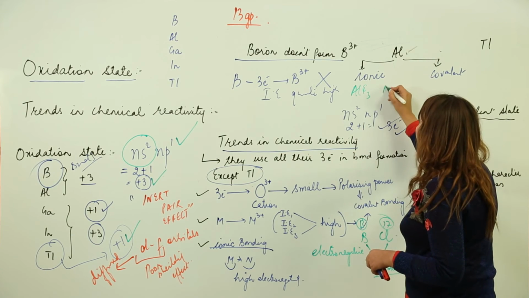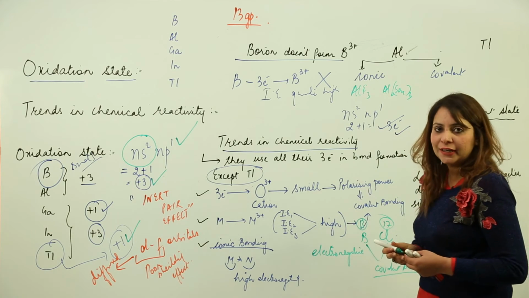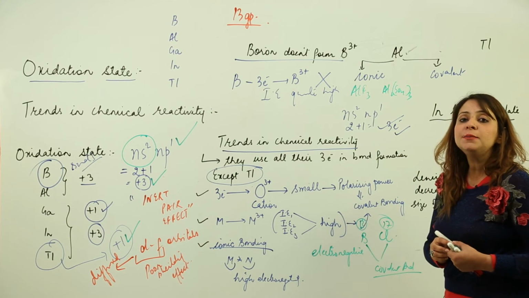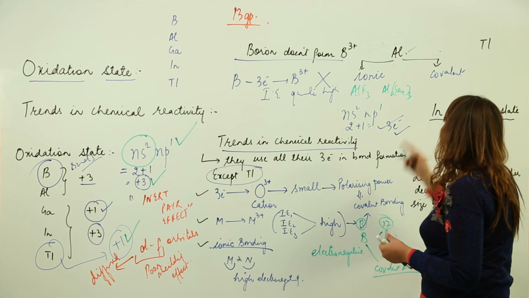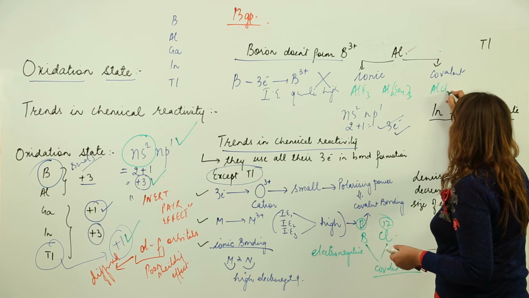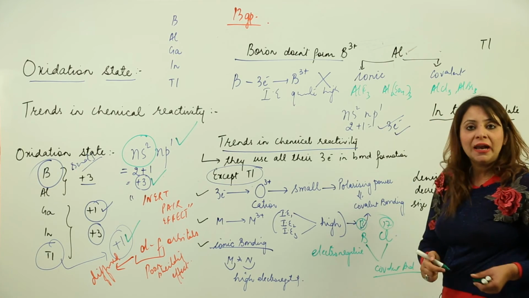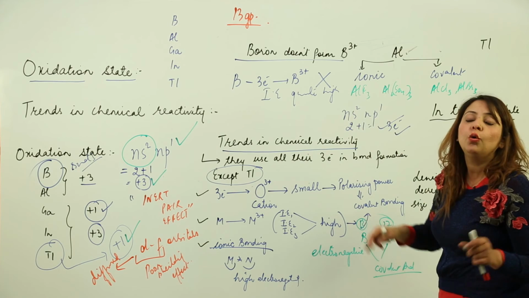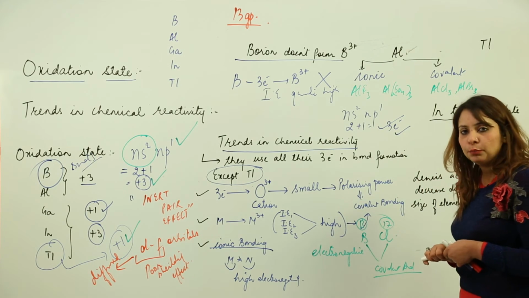Likewise, if we talk about the best fertilizer, as we have already discussed, that is aluminium sulfate. In that also we see an ionic bonding. But if you talk about AlCl3, AlBr3, that means aluminium halides except AlF3, they are all covalent in nature. That means they are forming a covalent bond.